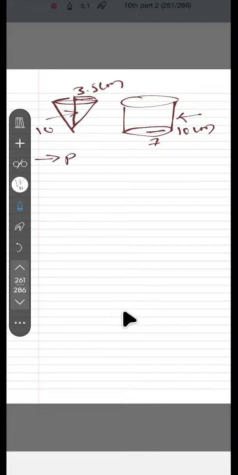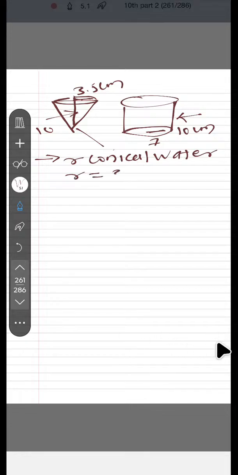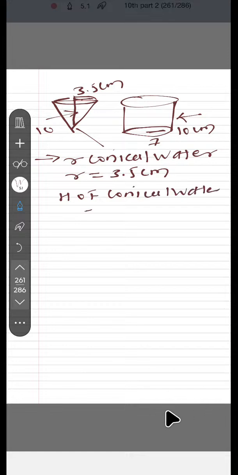So r, the radius of the conical water jug, is equal to 3.5 centimeter. Then the height of the conical water jug is 10 centimeter.